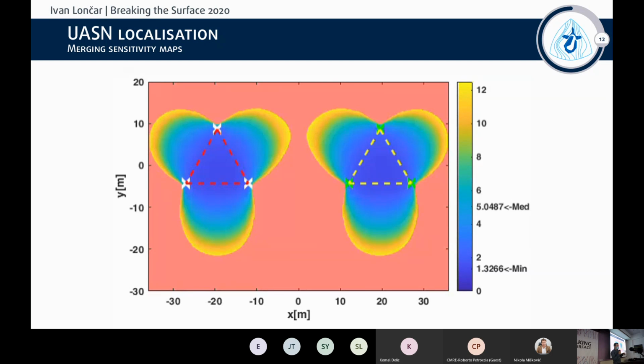I don't know if you were asking because you thought you needed 4 anchors for the 3D case, but I think we can take it offline later.